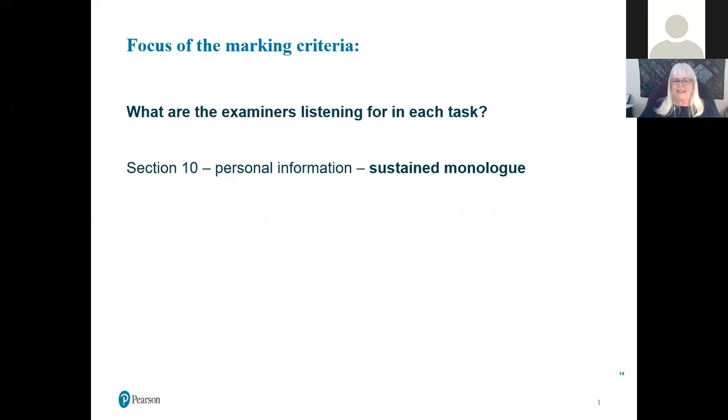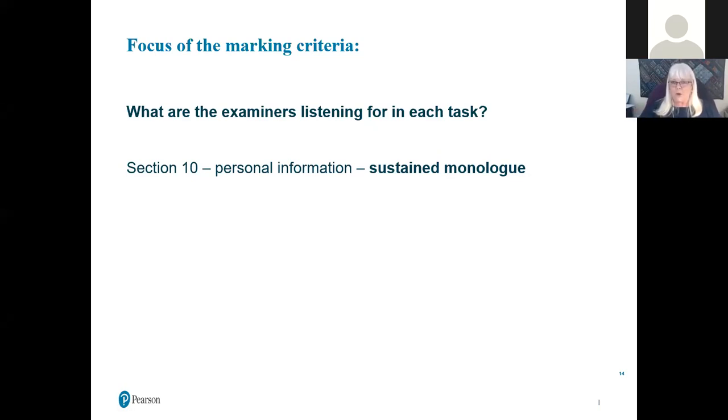So in section 10, you may know it as personal information, or you may refer to it as sustained monologue. I think we know what we're talking about when we're talking about both of those. But if you think about it, personal information is a body of knowledge, and the sustained monologue is the task that the test taker is required to perform for this section.